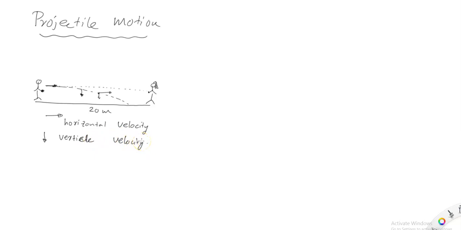Okay, so a projectile is something like this. This is a simple example of projectile motion. It's two-dimensional. You give it an initial velocity, and then it'll have a horizontal movement, along the x-axis, the x direction velocity.